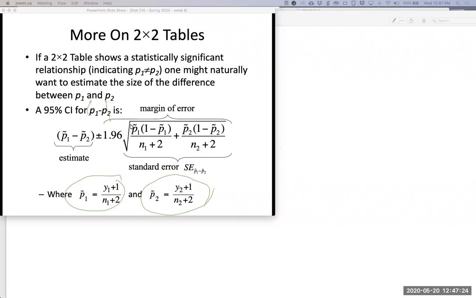Okay, plus or minus 2 standard errors, and that standard error has a form which we can easily implement, because it's just a plug and chug problem at this point in time.